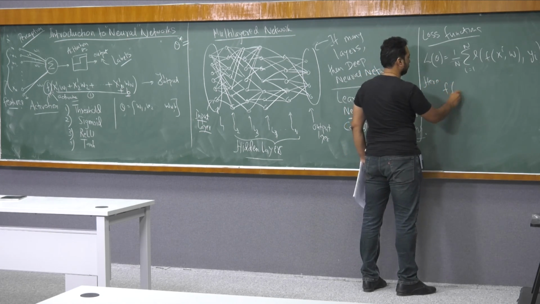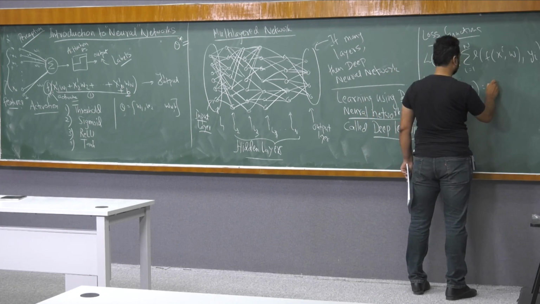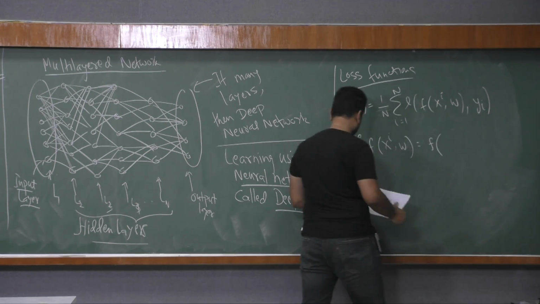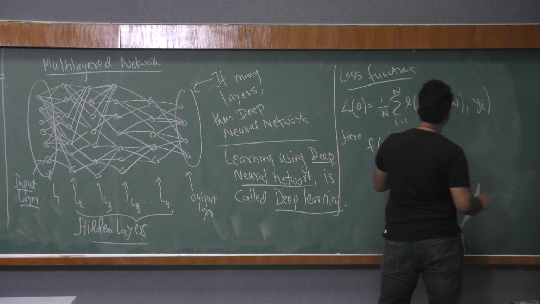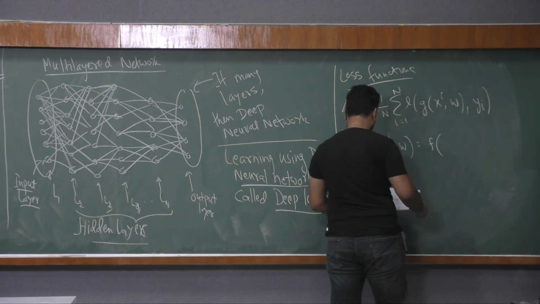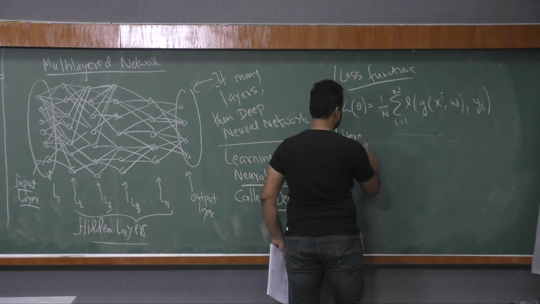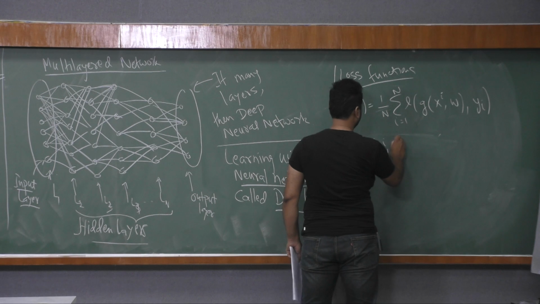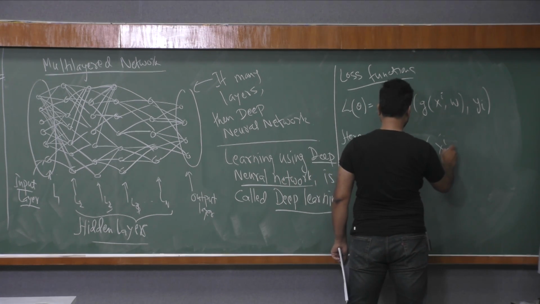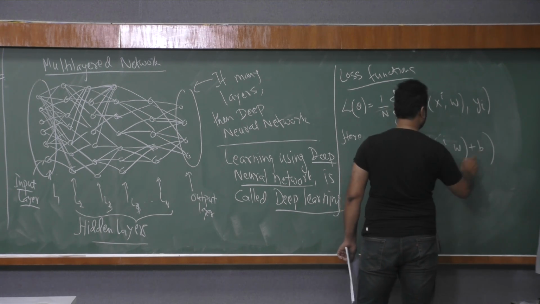The f of x_i, w is redefined as taking some activation function f on the linear combination. If this is making an issue, we can also call it g, otherwise it might conflict with our previous notation. So g of x_i, w is f of the dot product of x_i with w, plus the bias as well.